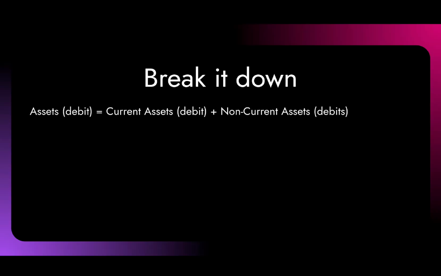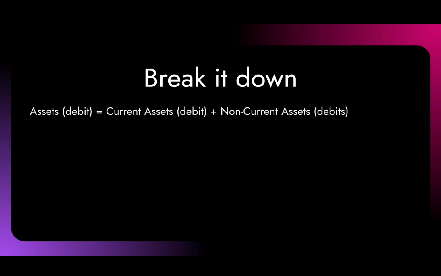In practice, it can be difficult to deal with assets, liabilities, and equity directly. So we like to break them down into slightly smaller subclasses. So assets can be broken down into current assets and non-current assets. Current assets are basically assets that are fairly liquid and can be turned into cash quickly, while non-current assets are ones that cannot.